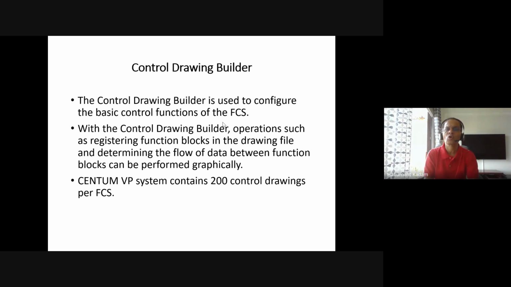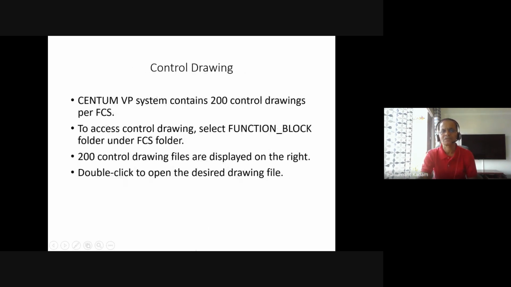With the control drawing builder, operations such as registering function blocks in the drawing file and determining the flow, means wiring, are performed graphically. So the Centum AP system contains 200 control drawings per FCS. That is the capacity of one FCS.